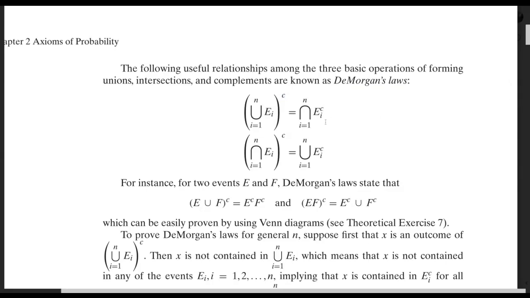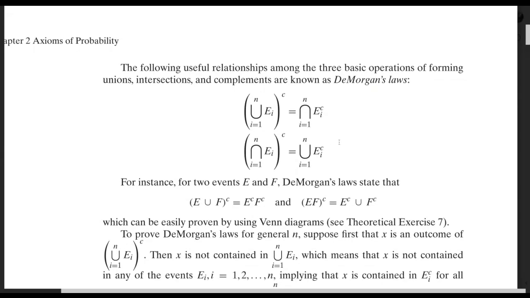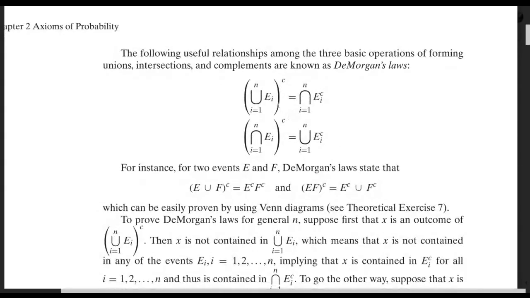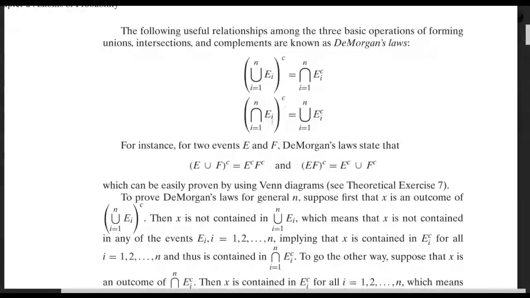All right. So this takes some time to sink in. I remember when I learned this, you have to do some homework to let this idea sink in. So basically the complement of the union equals the intersection of the complements. And vice versa, the complement of the intersection equals the union of the complements.